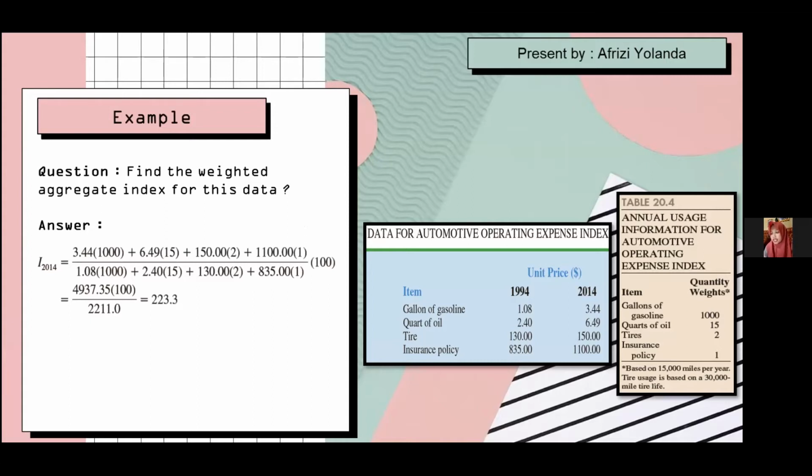The question is, find the weighted aggregate index for this data. Answer: to solve the problem, we also just follow the formula with the data provided, and the result is 223.3.